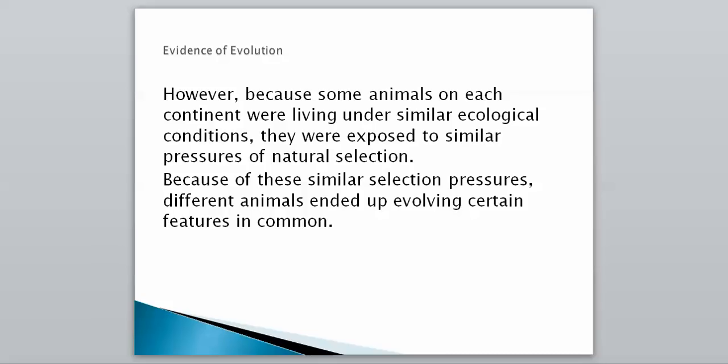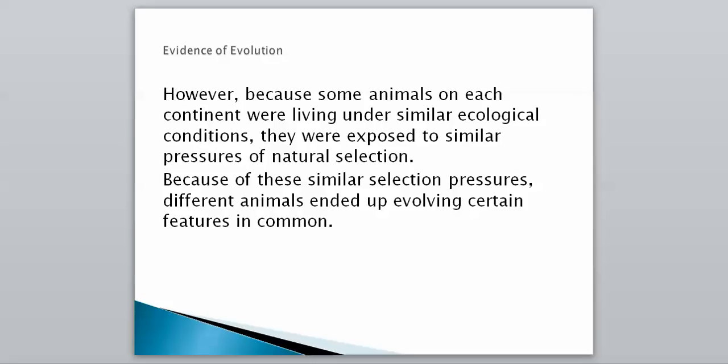So there could be two animals that are completely unrelated, with nothing in common when we look at their DNA. However, let's say one lives along the coast in Africa and one lives along the coast in South America. They're going to be exposed to similar pressures: a sandy area, maybe high temperatures, high wind, high water.